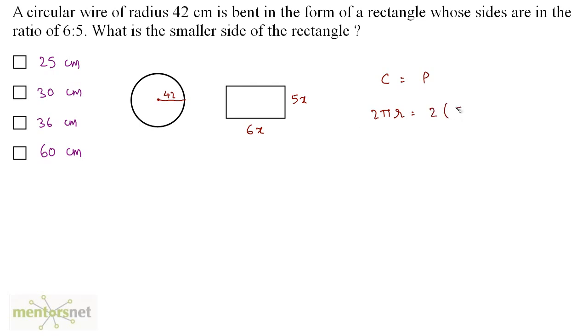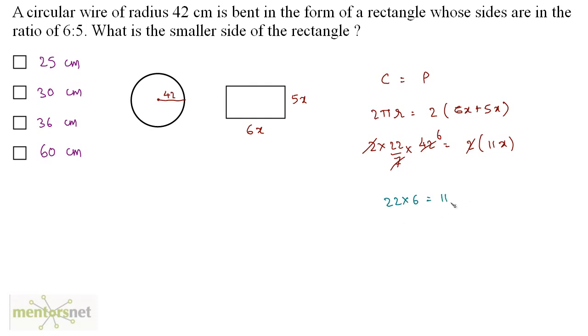So 2 times (6x plus 5x). Okay, so we have 2 into 22 by 7 times radius 42 is equal to 2 into (5x plus 6x), that's 11x. This 2 and this 2 get cancelled out. 7 times 6 is 42. So you have 22 times 6 is equal to 11x.